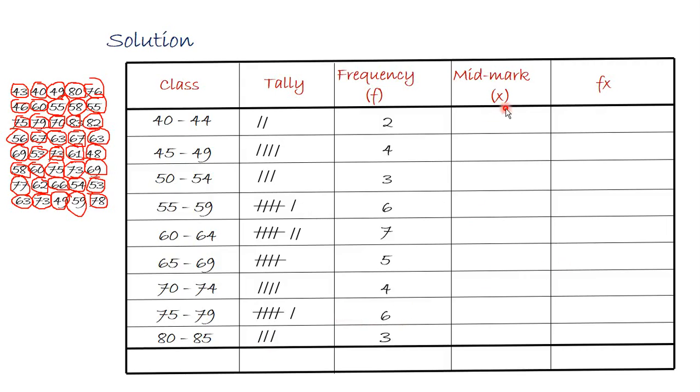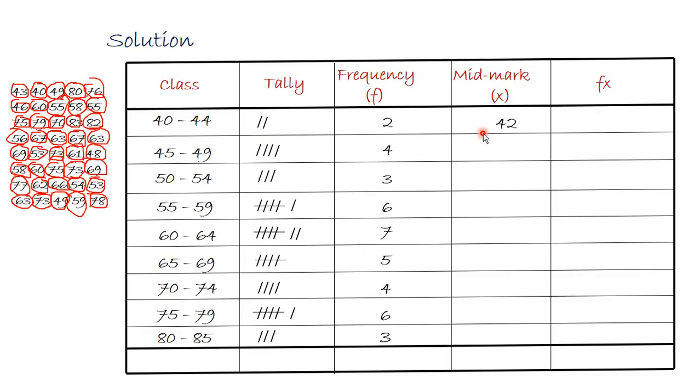Now let us also get the mid mark. Recall that for us to get the mid mark we get the lower class limit plus the upper class limit divided by 2. So you can get your calculator and we work out this together very fast. So we shall have 40 plus 44 divided by 2, that is 42.